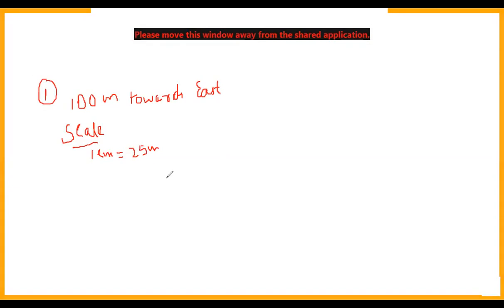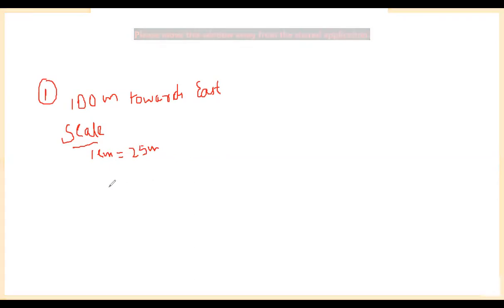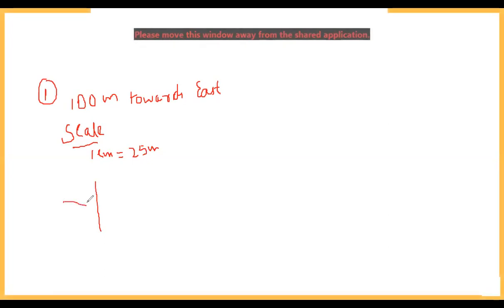Now this line segment is towards east. First of all, you should know the direction scale. Remember that your right side is east, and opposite of the east is west.